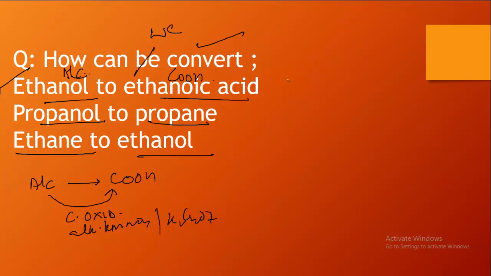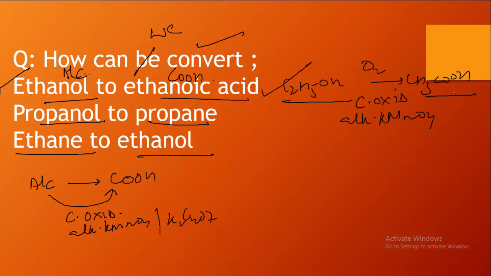So ethanol can be converted into ethanoic acid by complete oxidation, that is by reacting with oxygen in presence of alkaline KMnO4, or you can write K2Cr2O7. This is how you convert ethanol to ethanoic acid.